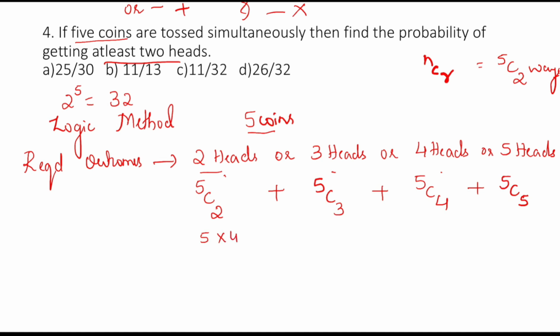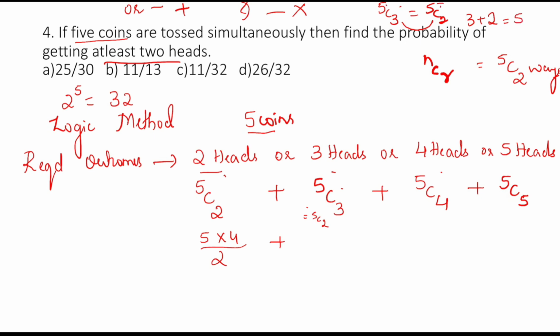5 into 4 divided by 2, plus 5C3, which is nothing but equal to 5C2, isn't it? We have discussed it earlier, how 5C3 is equal to 5C2. The sum of the r values, that is 3 plus 2, should be equal to the n value. We know the n value is 5 here, isn't it?